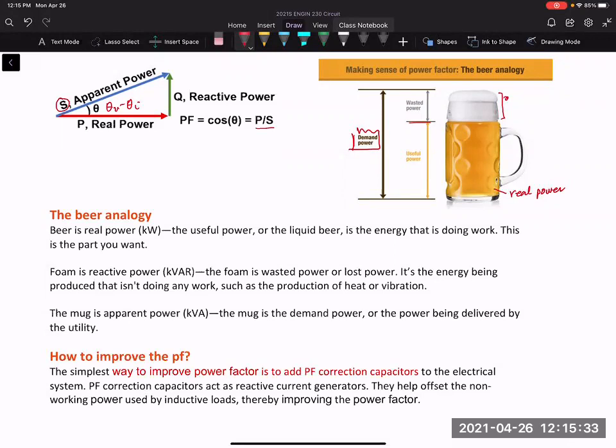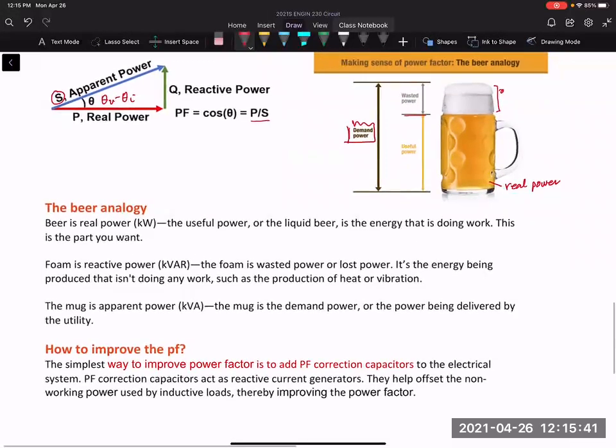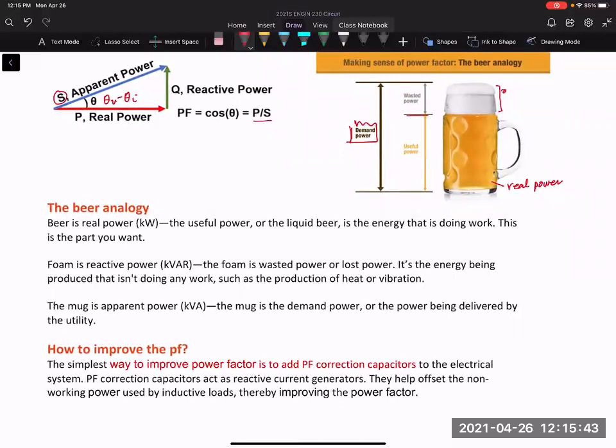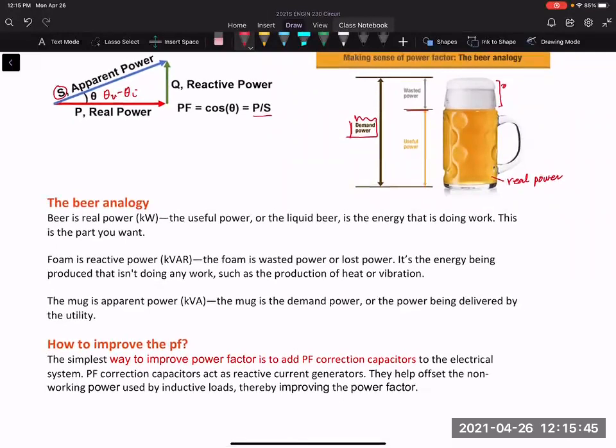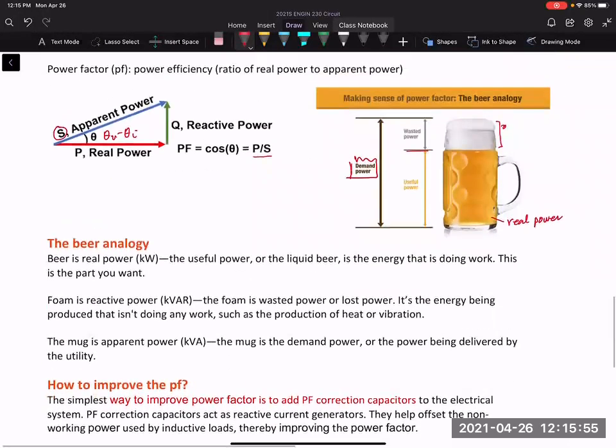A capacitor can help you improve the power factor. That is because most of the circuits that we have are RL circuits, and we need to put a capacitor to compensate for the power lost because of the inductor. Okay, any question about this topic?